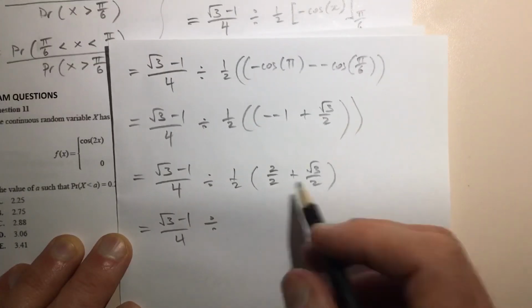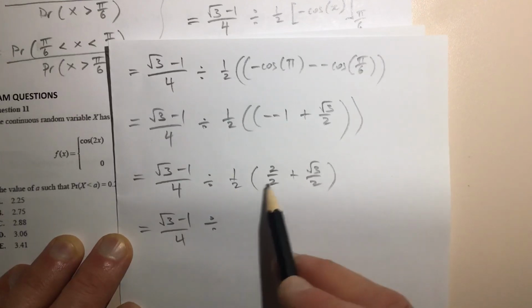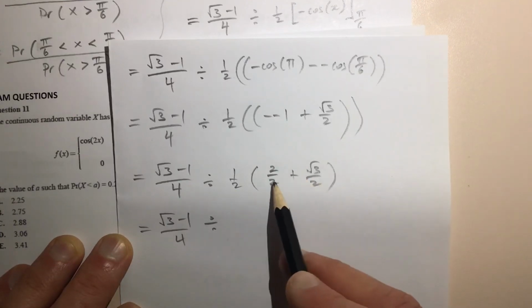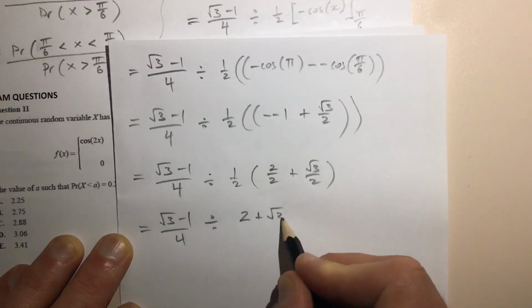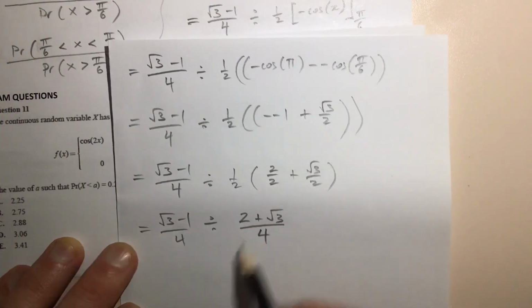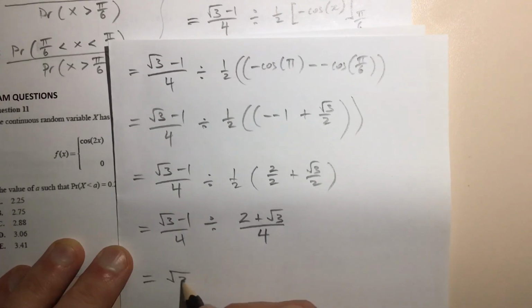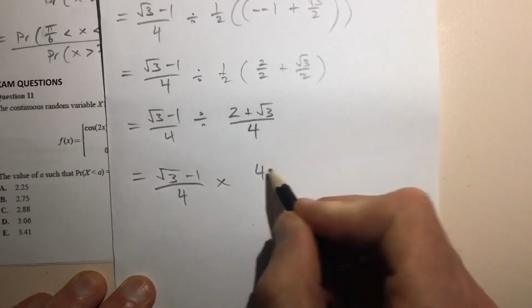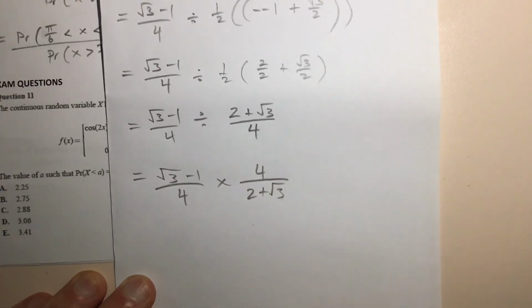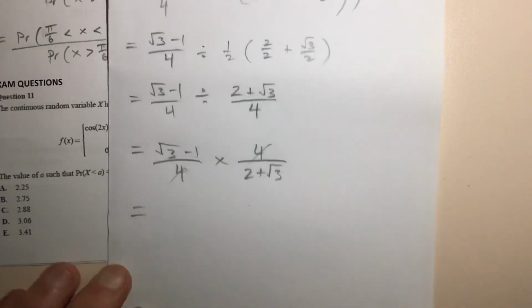I'm making this a bit messier than I need to, but anyway. So half times that is going to be 2 plus root 3 all over 2, and when we multiply that by half, it's 2 plus root 3 all over 4. If we do the tip and times, we've got root 3 minus 1 over 4 times 4 over 2 plus root 3. The 4's cancel out there.